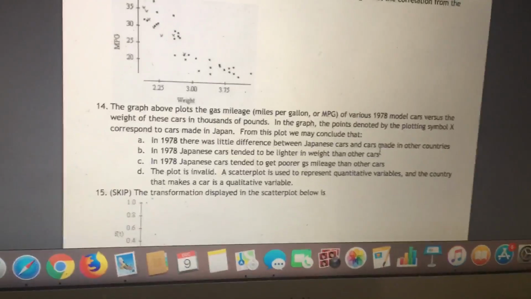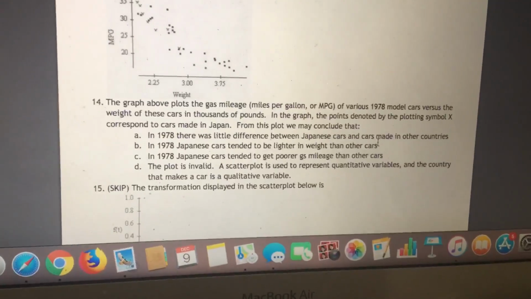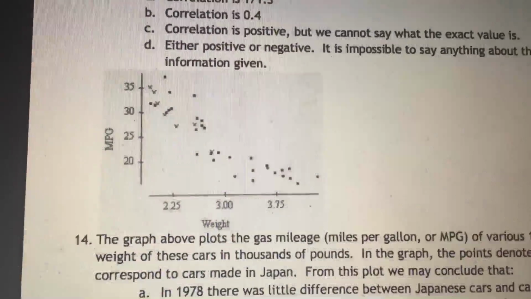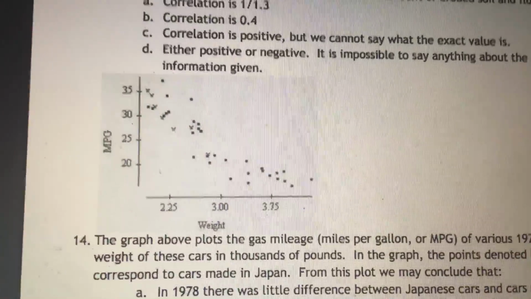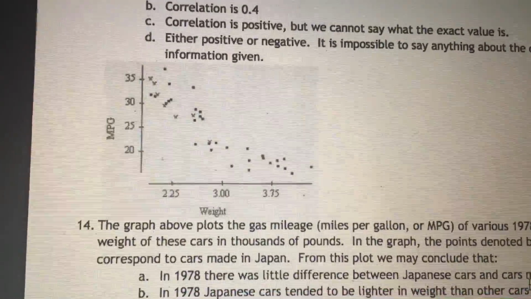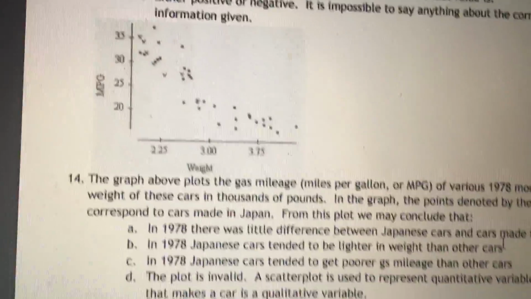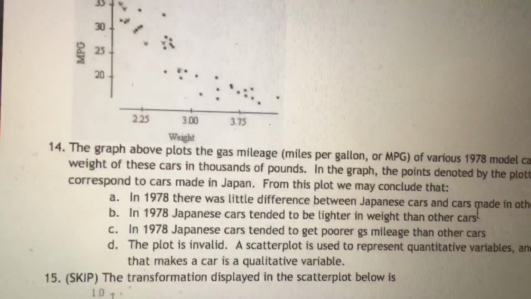B says in 1978, Japanese cars tended to be lighter in weight than other cars. So over here you can see that the X's, which denote the Japanese cars, are mostly towards the left side of this plot, which shows that they have a lower weight. So that trend is actually true.